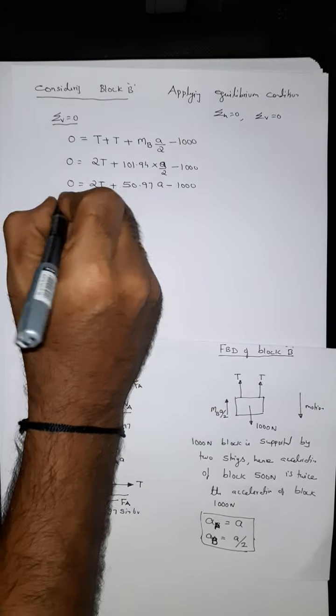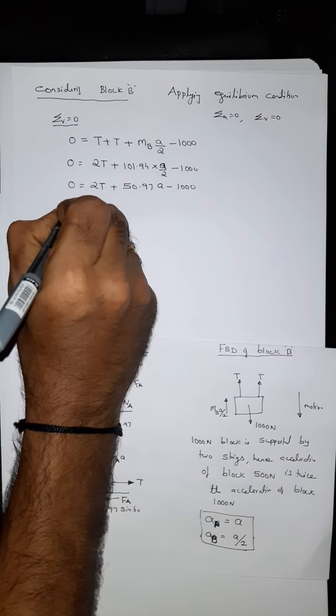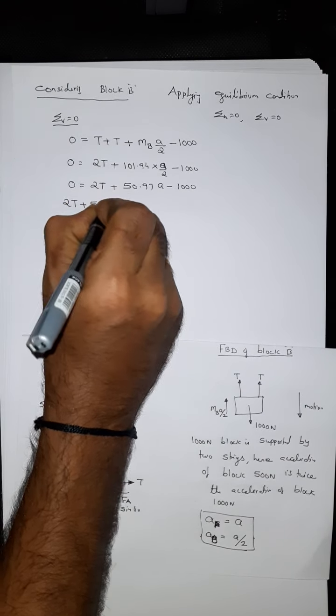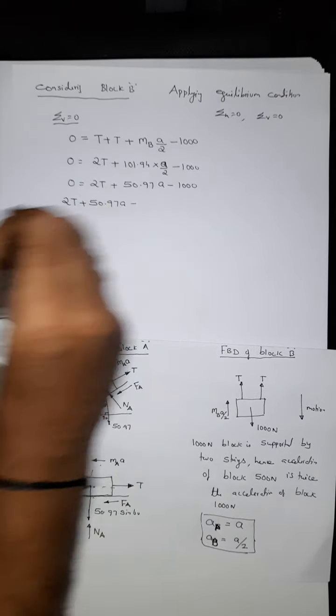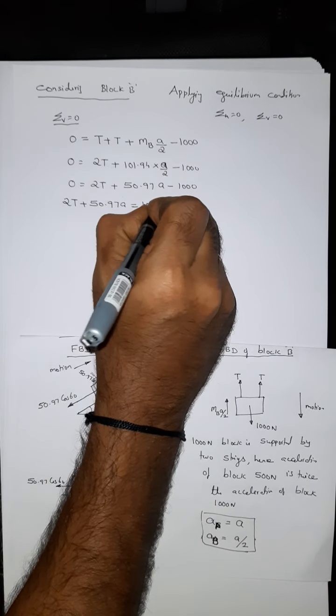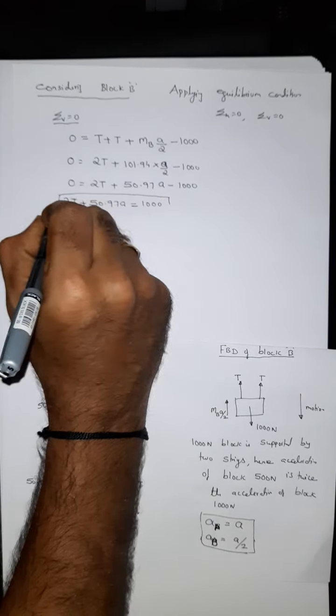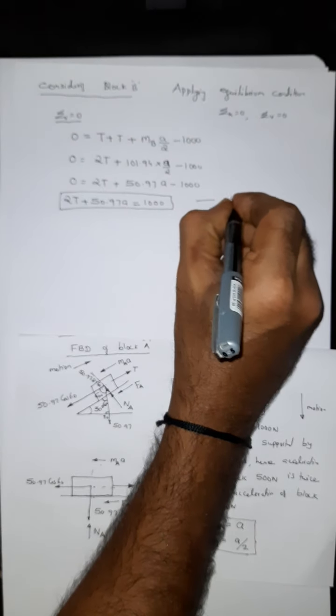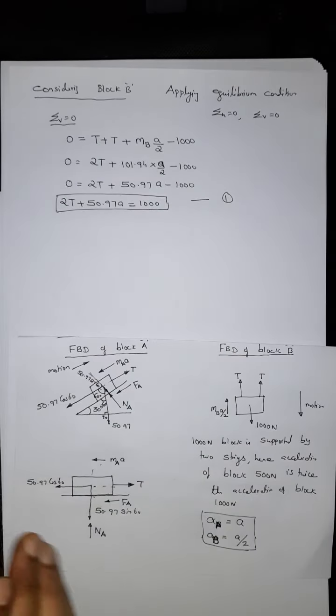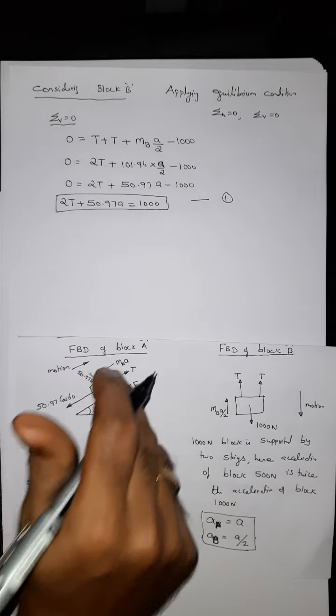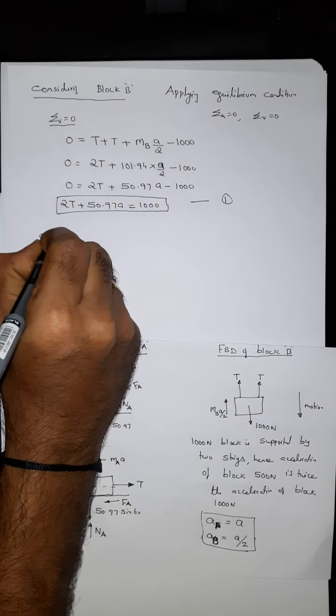So this can be rewritten as 2T plus 50.97 A equal to 1000. This is equation 1.